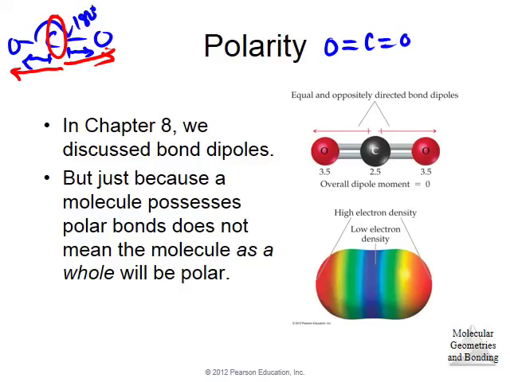The table is not going to move. Equal and opposite, they're going to cancel out. And that's the case for a nonpolar molecule. Even though each bond is polar, the net effect is nonpolar. It's like saying that each of you is pushing the table, but there is no net effect on the table because the 2 forces are canceling out.